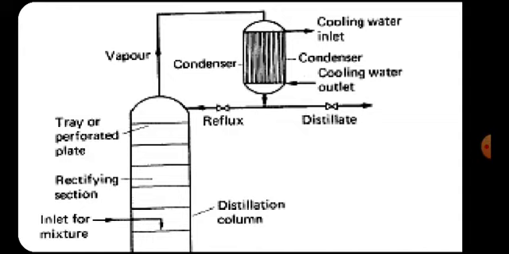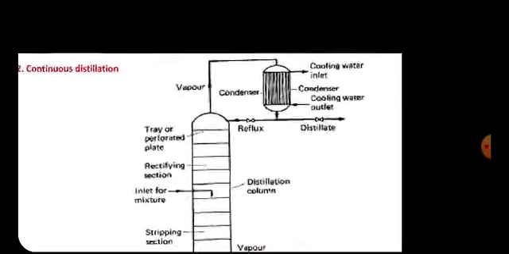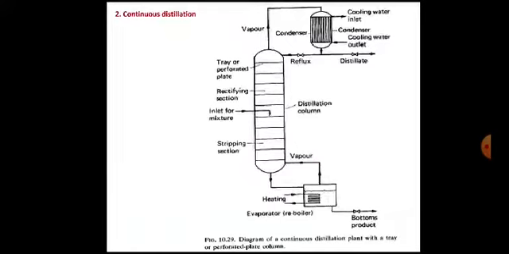The condenser is attached to a cooling water inlet and cooling water outlet, and finally the distillate is collected continuously and not in fractions. Now let us see the working of this continuous distillation unit.